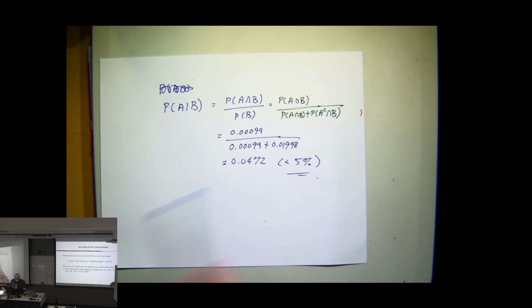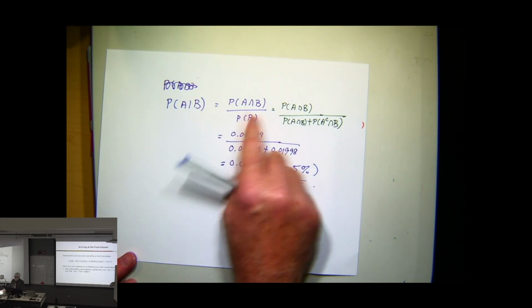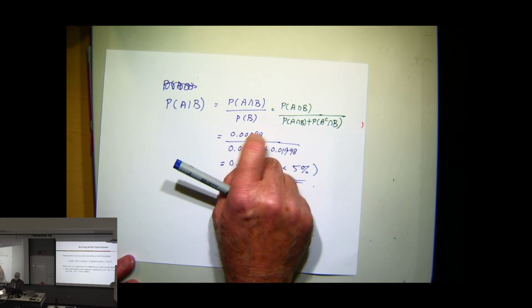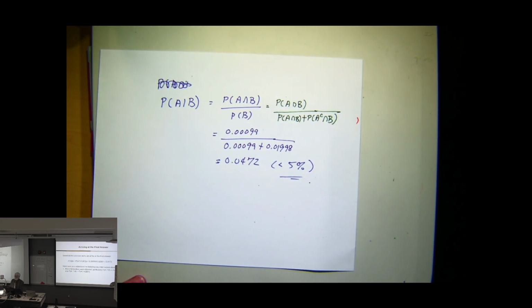Okay. Why? Because do you agree that the probability of A given B is the probability of A intersect B over the probability of B? Right. So where do I get the probability of B from? It's not directly in the question.